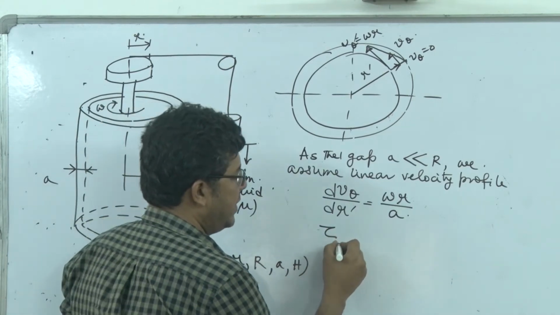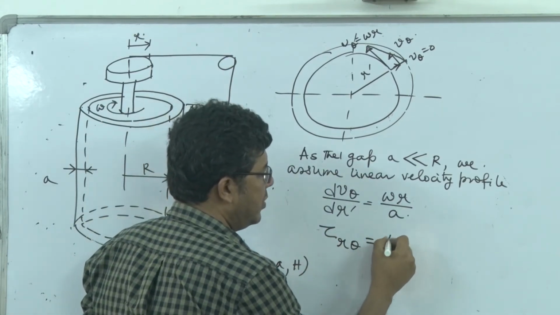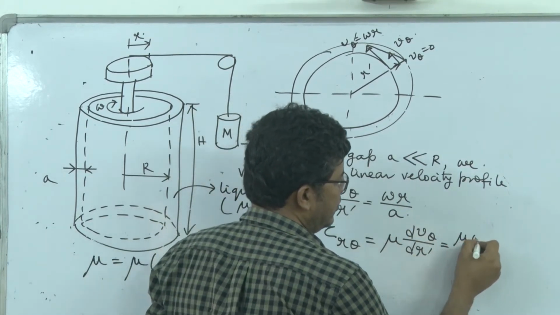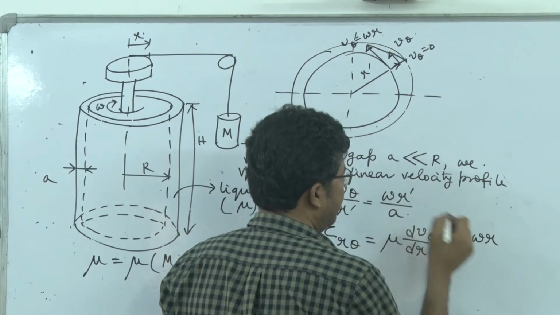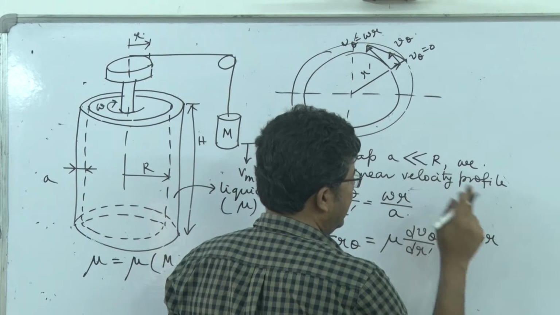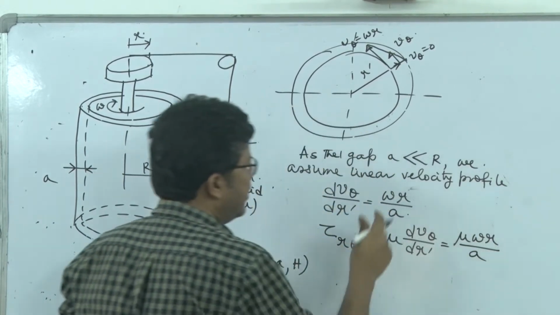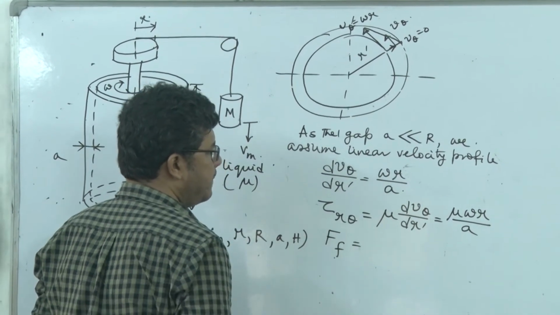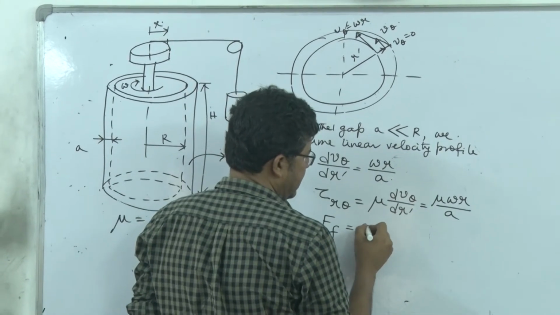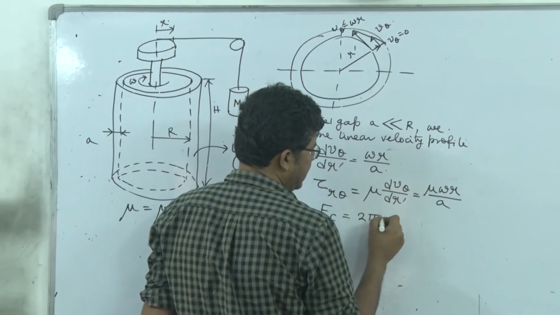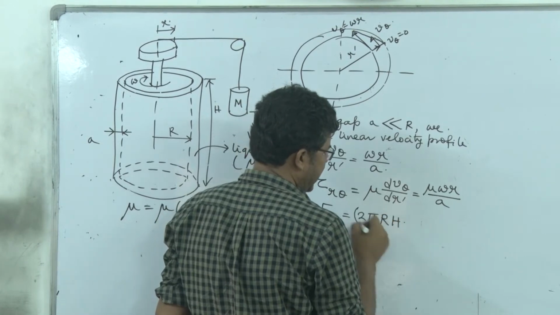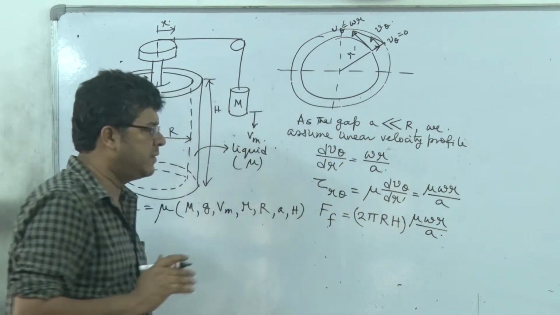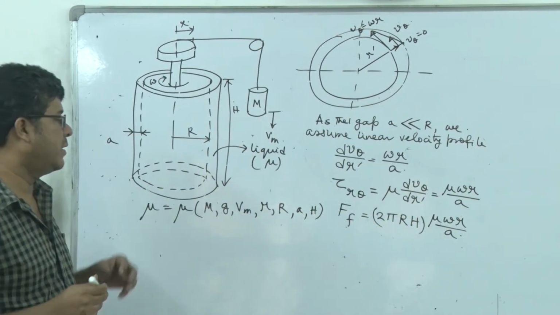So my indices will be tau r theta, and that's equal to mu into dv theta dr prime, which is mu omega r divided by a, because omega r is the velocity here. And the frictional force is 2 pi capital R into h, that is the area, into mu omega r by a. So you have got an expression of the frictional force in terms of omega.